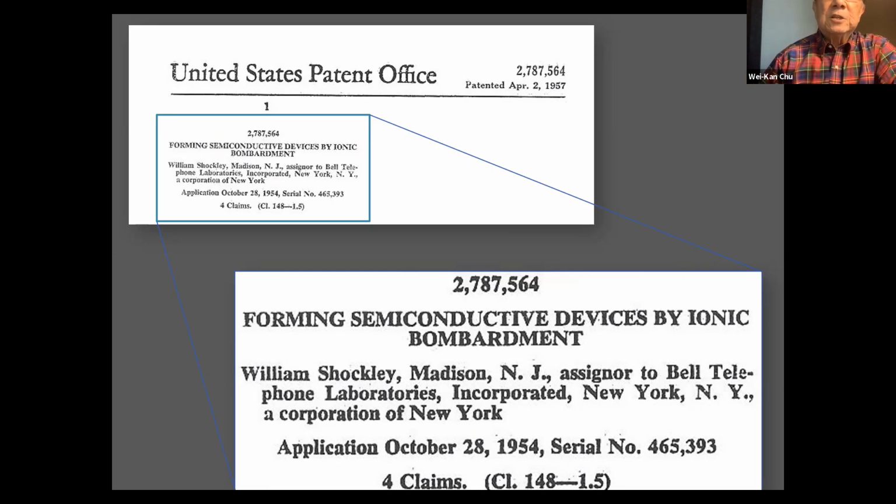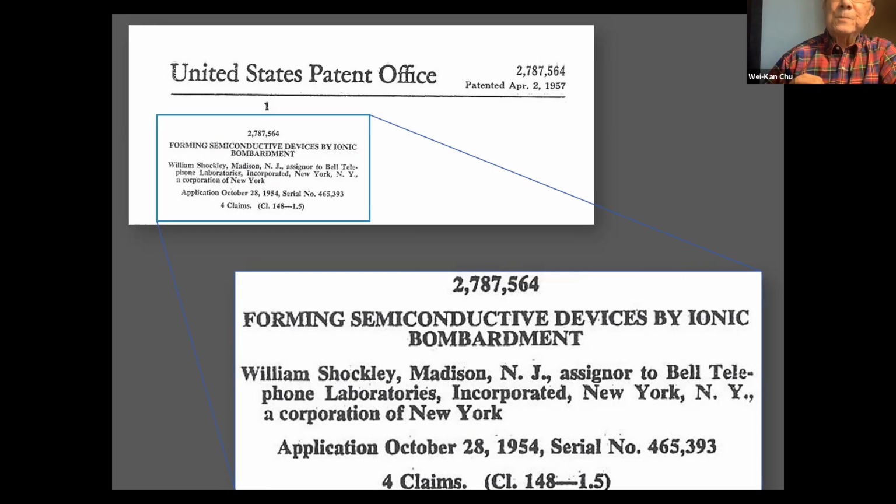Shockley, Bardeen, and Brattain had just got a Nobel Prize for inventing the semiconductor transistor, because they take a piece of germanium and dope it, making a junction. Therefore, immediately it can act like a switch, a bipolar switch.